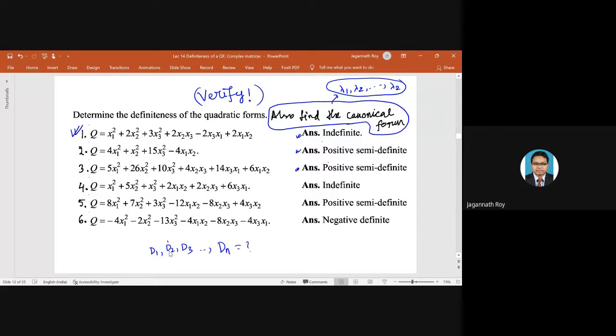But if you want to find out the canonical form, you have to find out the eigenvalues. So try both ways.